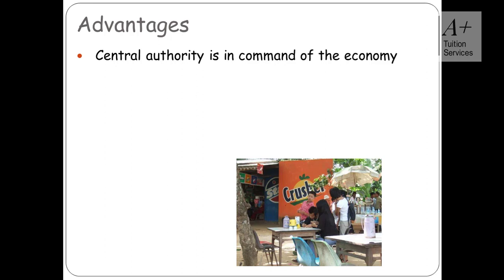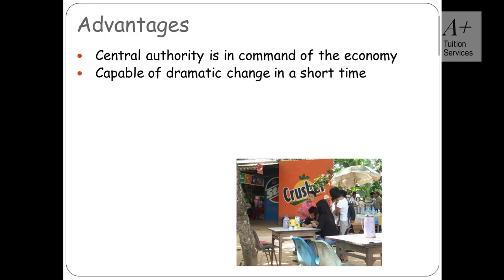The government says what to produce, the government says when to produce it, the government also says who to sell it to. By this, no resources are really lost, right? We have even distribution of resources as well in a centrally planned economy.